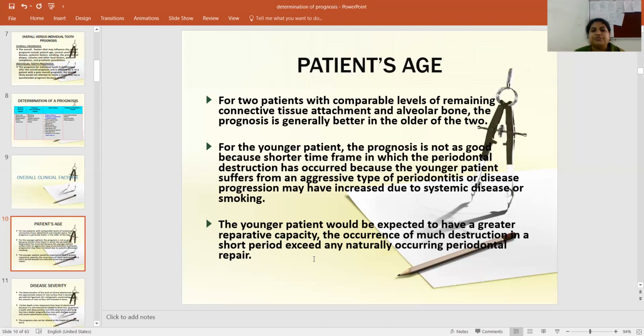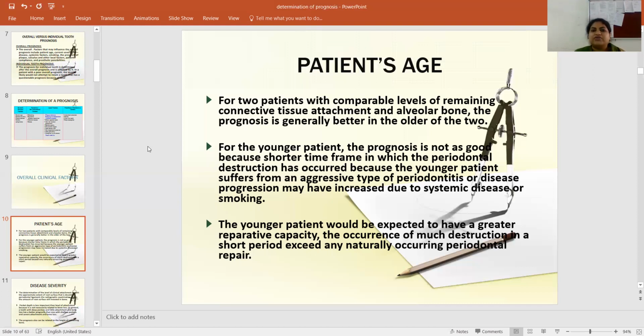But the rate of the destruction is faster than the rate of the repair. So this much damage has been done, meaning the rate of destruction is obviously faster than the rate of the periodontal repair.